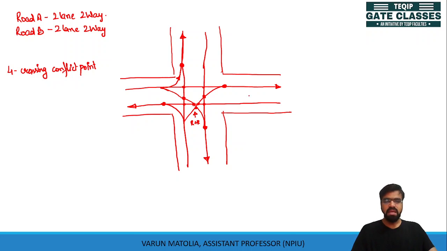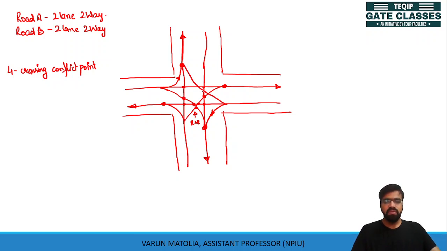traffic. Similarly, if we see this lane, this will allow the vehicles for merging in this direction. So this is a merging conflict point, and some vehicles will try to move in this direction. So here they will try to move like this.